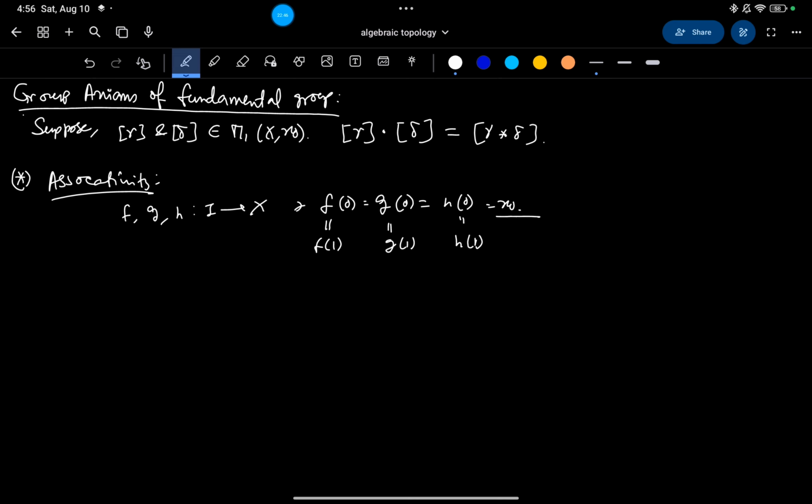So each of them is basically a loop. Let's say here it is f, here it is g, and here it is h.